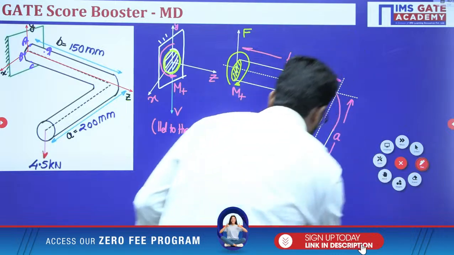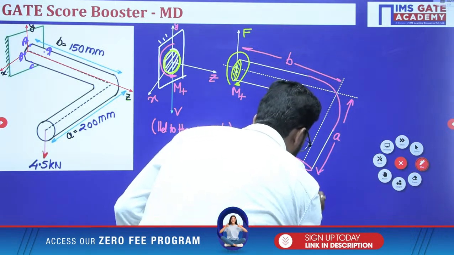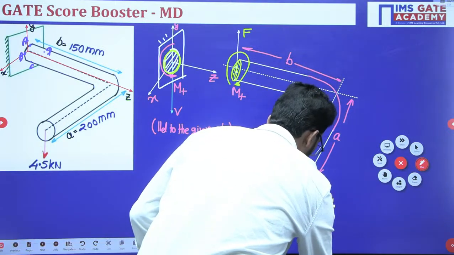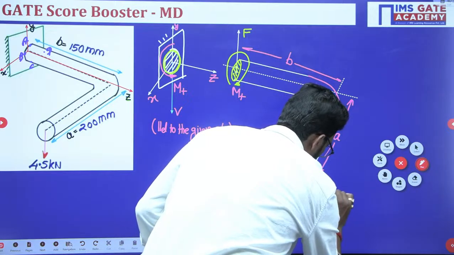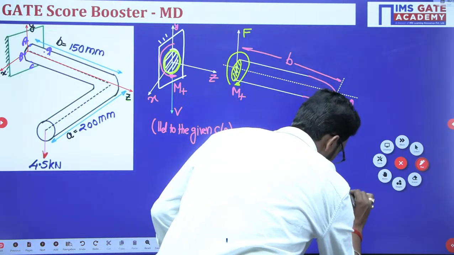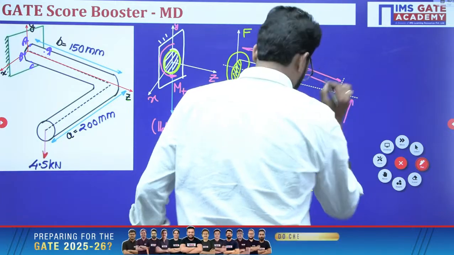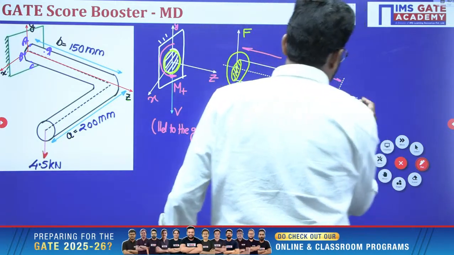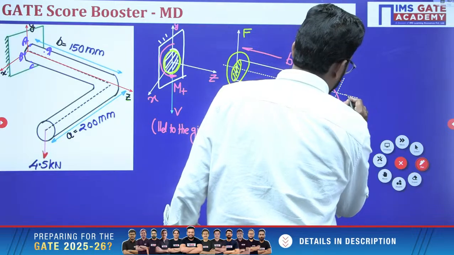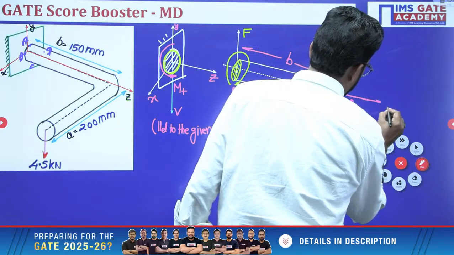Now, here the force applied is 4.5 kilonewton. Okay? And this is your Z direction, obviously.